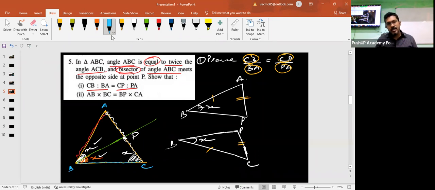This is an isosceles triangle because these two angles are equal. 180 minus 2x. Are we missing some important point? Opposite side, point P. Are we missing some important point, children, somewhere?